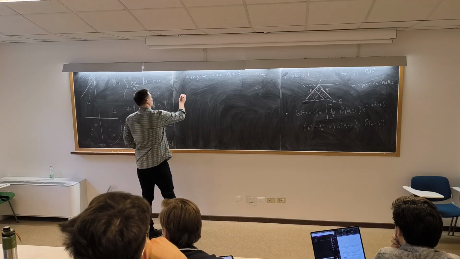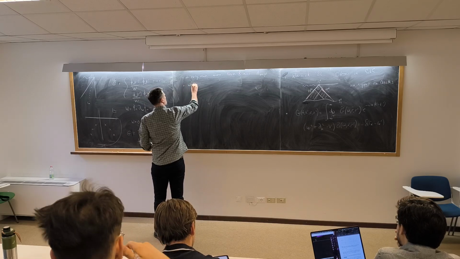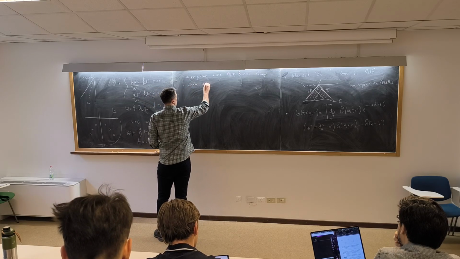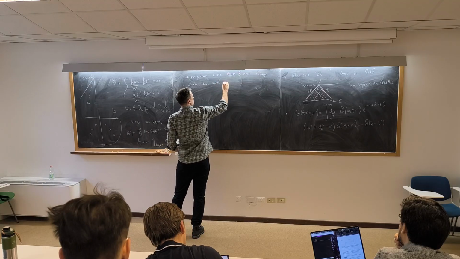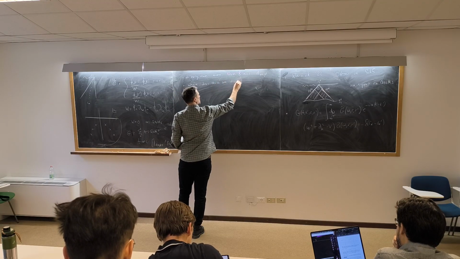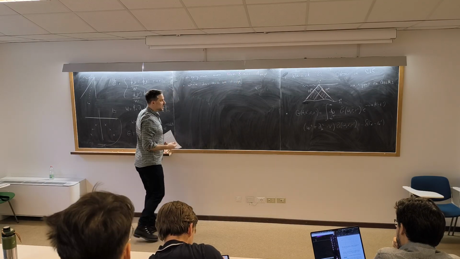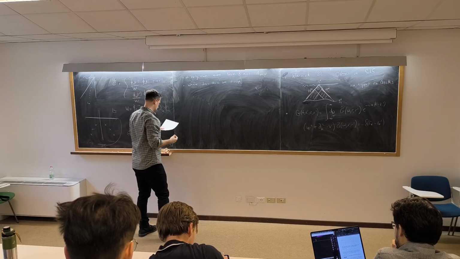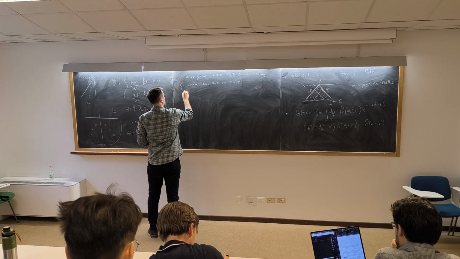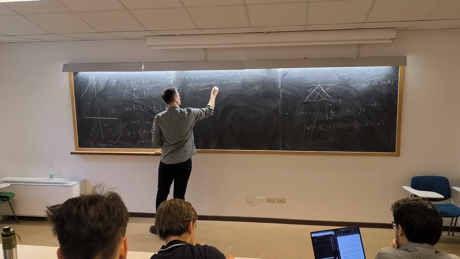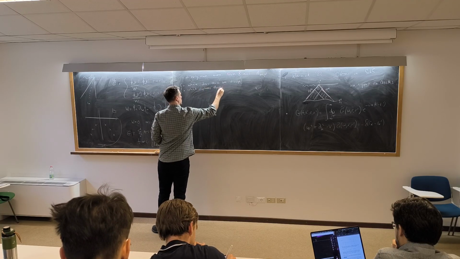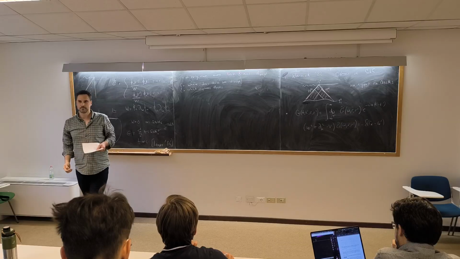So the key questions are really: precisely where does the QNM sum fail, diverge? So where can we use a QNM sum, where can't we use a QNM sum? And again, what replaces them? So what replaces QNMs at early times?